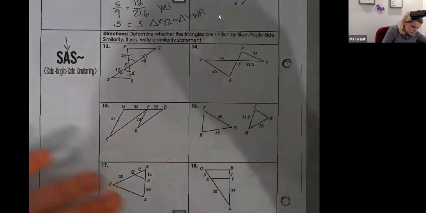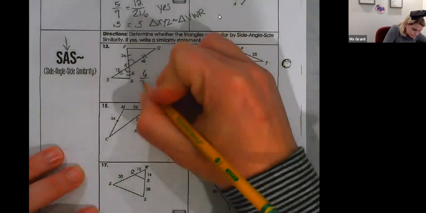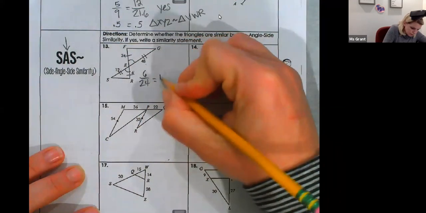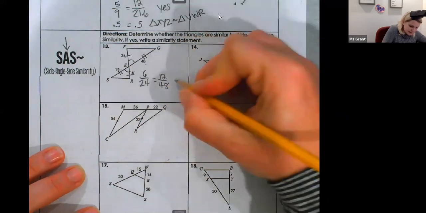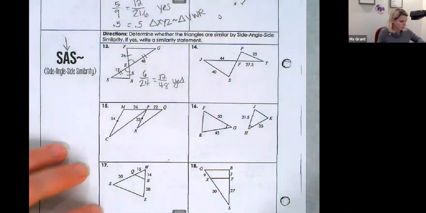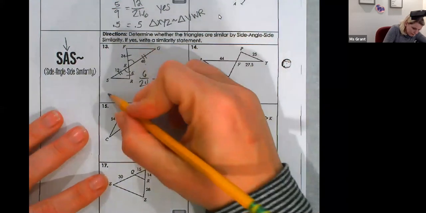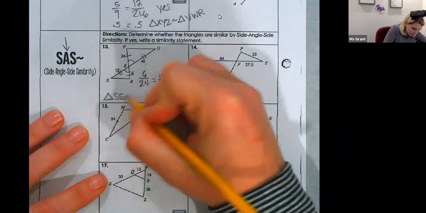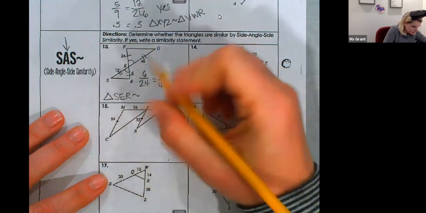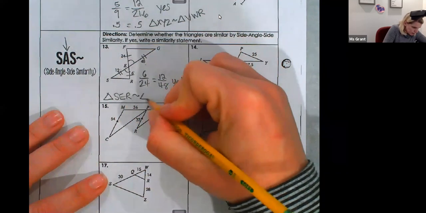So 6 over 24 equals 12 over 48. Yes, it does. Triangle SER is similar to triangle GEF.